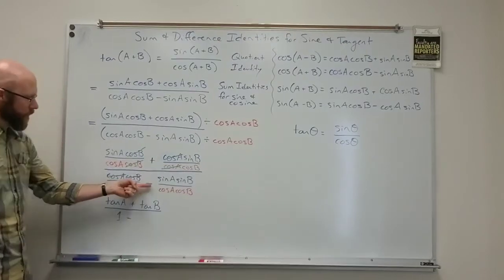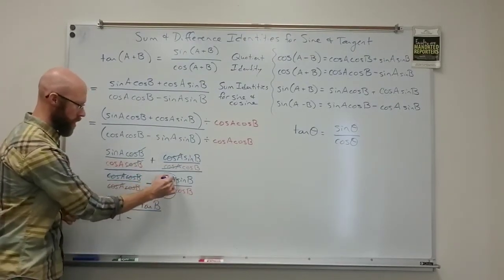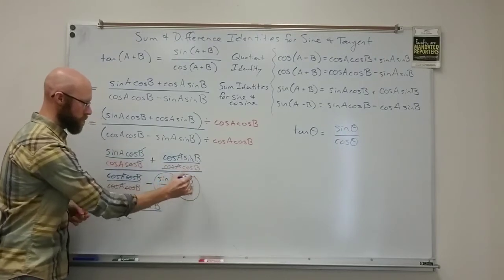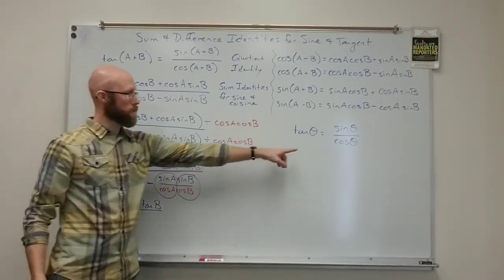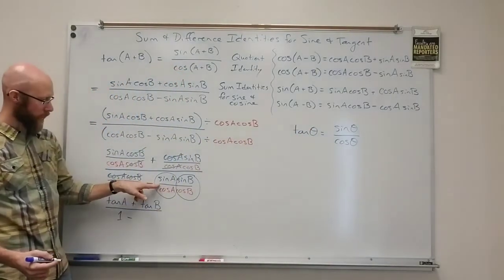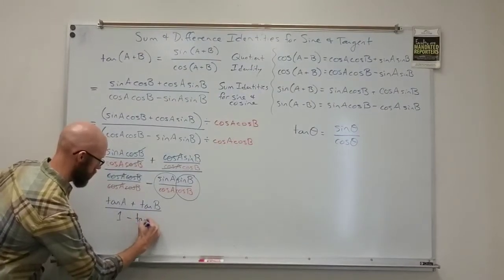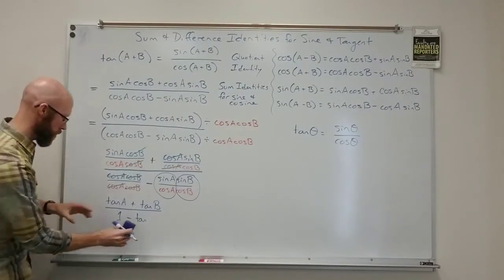Minus, now I have two things. I have a sine A over cos A, and I have a sine B over cos B. Well, those should look familiar. Sine over cosine is tangent, and so we really have a tangent of A times the tangent of B. I need a little more space on the bottom there.